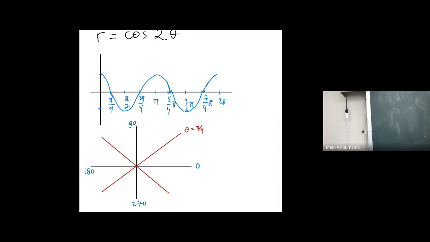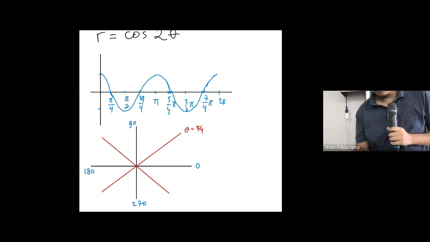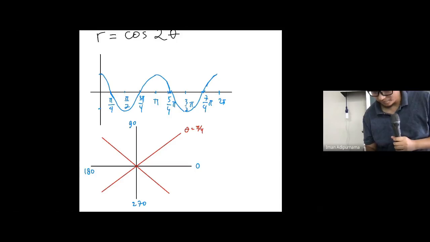So it's going like this. Let me use green. If this is 1, then it should be more or less like this. Hopefully you can see it's going down here.